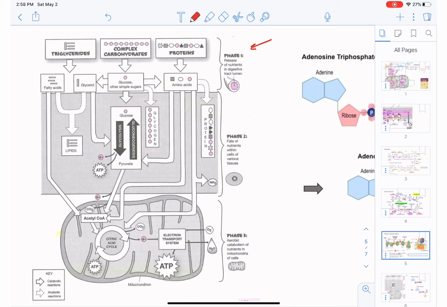They just do it at different stages of the cycle. So here's our complex carbohydrates like starch, and the digestive system breaks starch down into individual monosaccharides like glucose, and then that glucose travels into the blood, travels to the cells, and it enters the cellular respiration cycle at the glycolysis level.